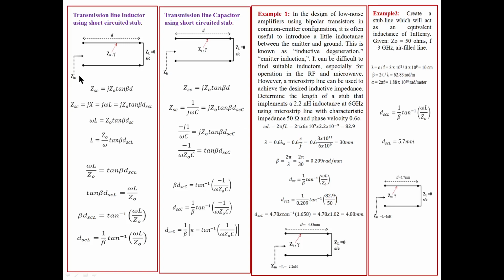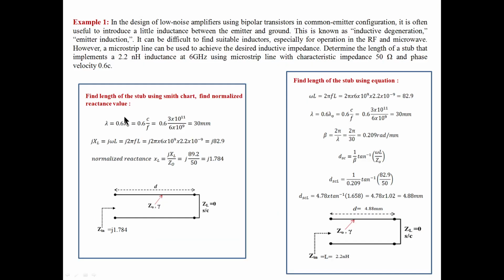You find out the reactance. What is the reactance I need here, the respective X? The frequency is given as 6 gigahertz. I want to implement 2.2 nanohenry at 6 gigahertz using a 50 ohm line. At 6 gigahertz, what is the wavelength?